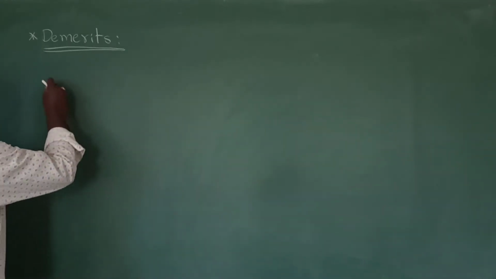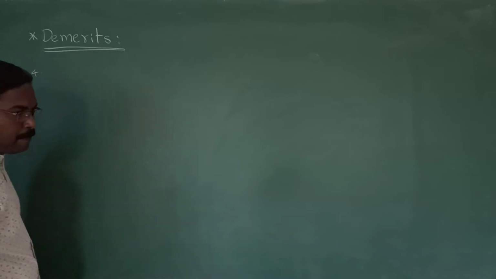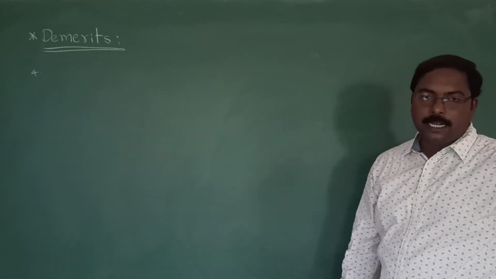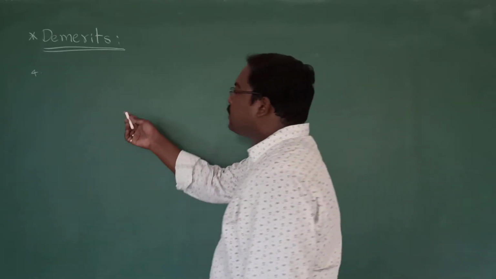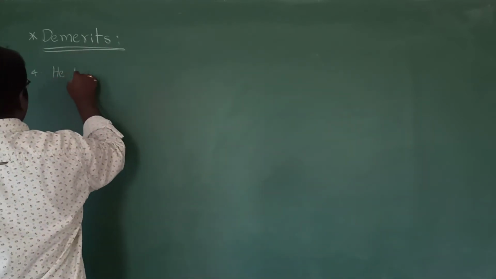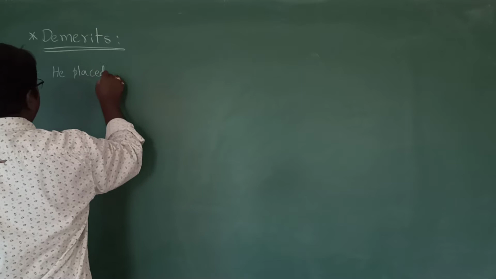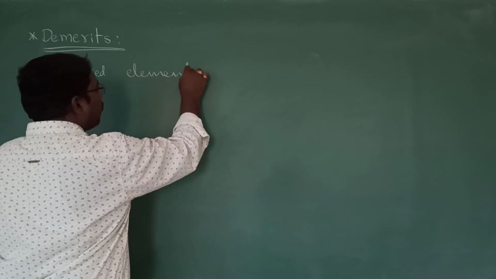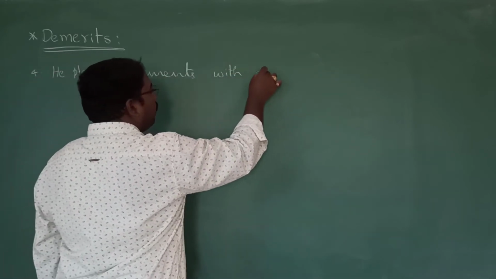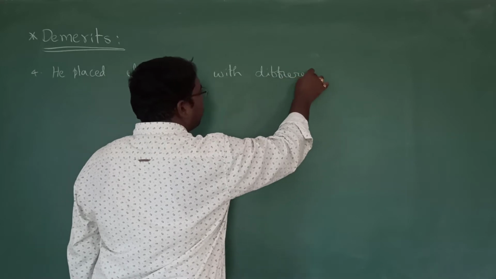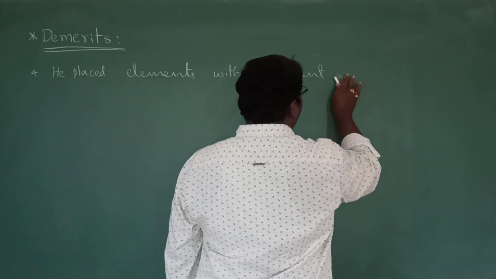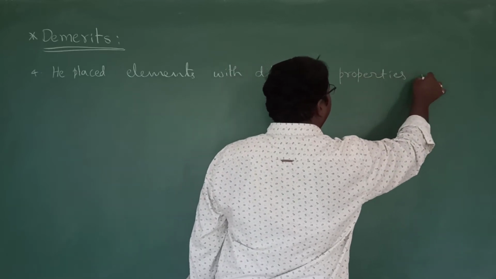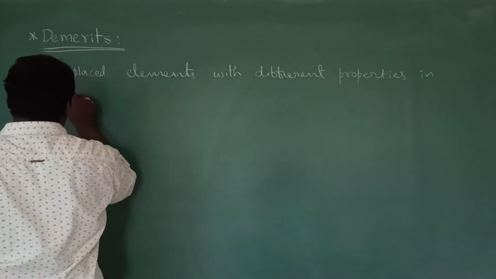Now coming to the next. Here, coming to the other drawback of Mendeleev's periodic classification of elements, he placed elements with different properties in the same group.